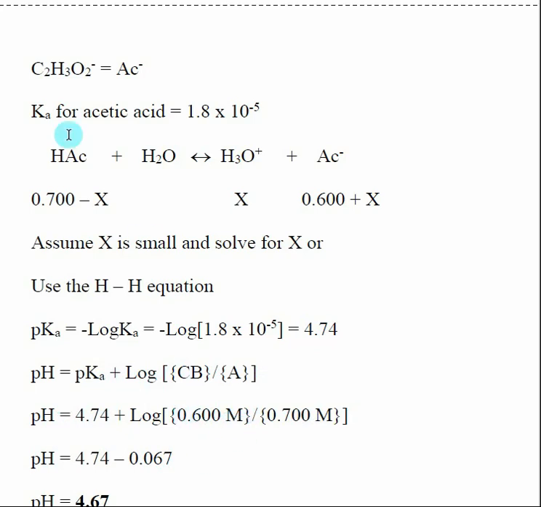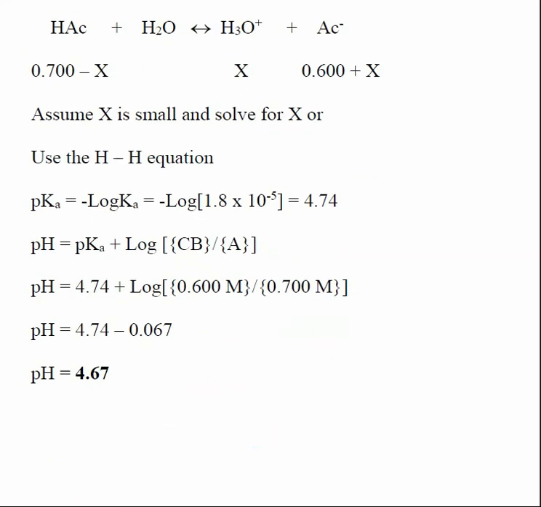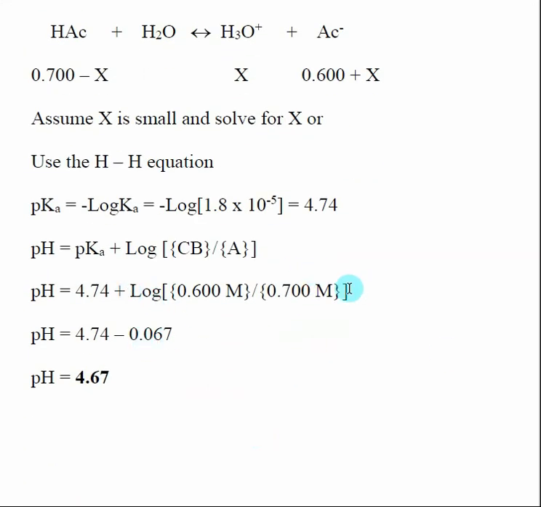I plug these in, and we have stated up here that these concentrations of acetic acid and acetate are not going to change. So we can put these concentrations directly into the Henderson-Hasselbalch equation. When I do the math here, the log part of my equation is equal to negative 0.067, and my pKa was something that we found.